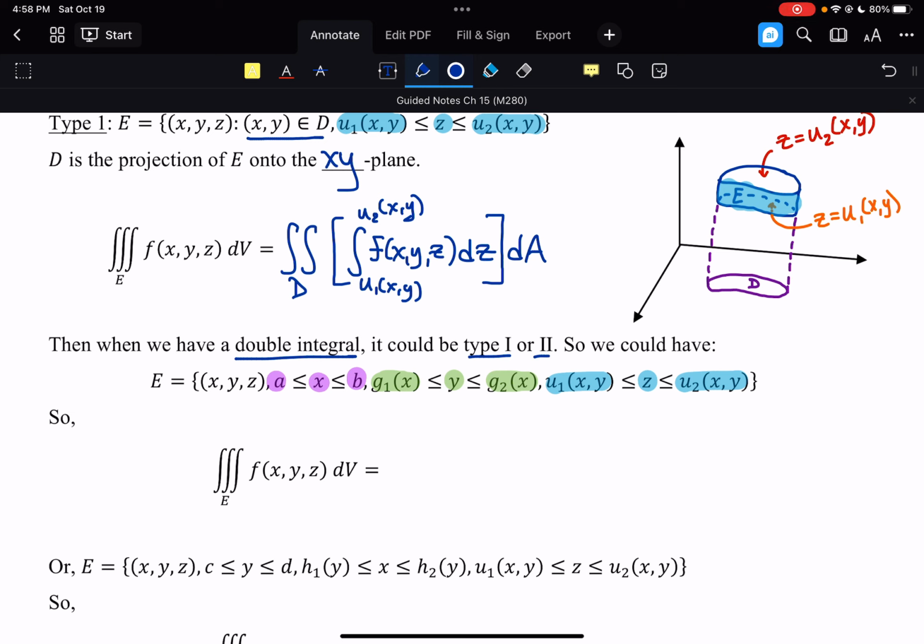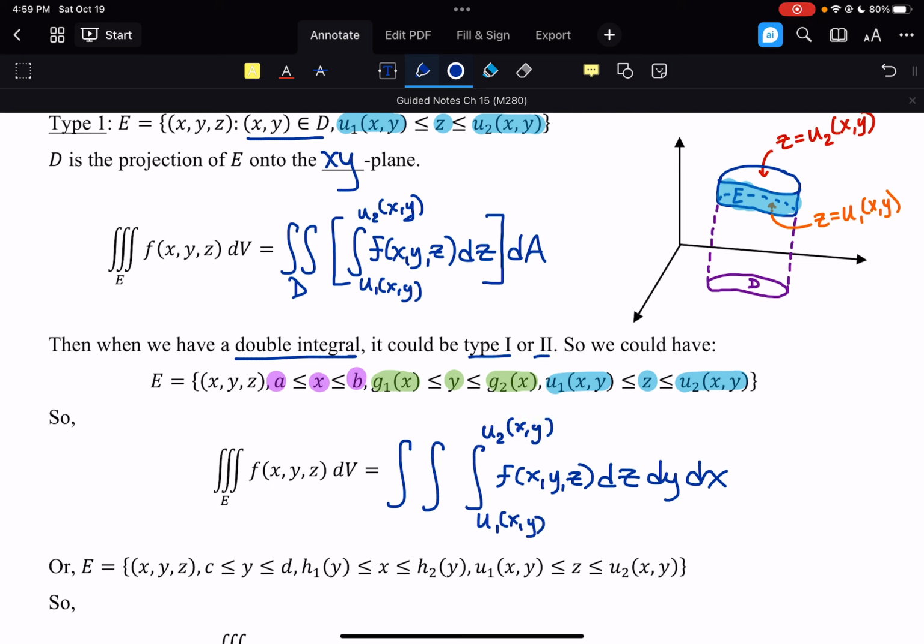So as the triple integral, this would look like this. dz, dy, dx, with z from u1 to u2 of x and y. And y is going from g1 of x to g2 of x, and x is going from a to b.